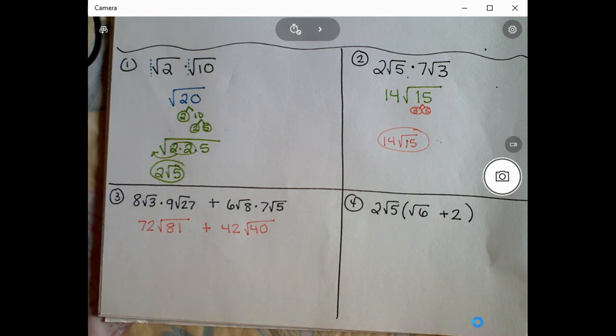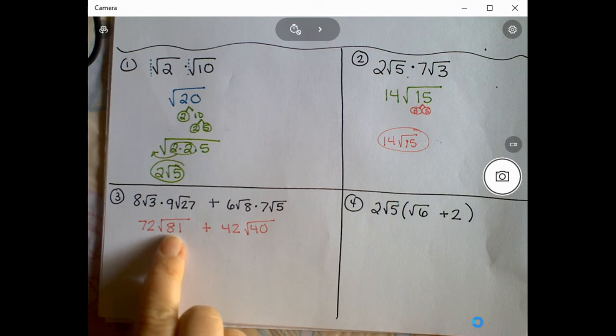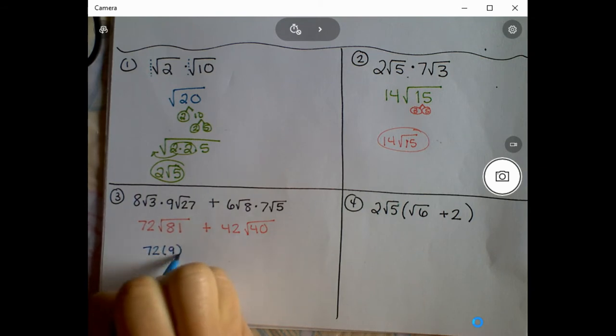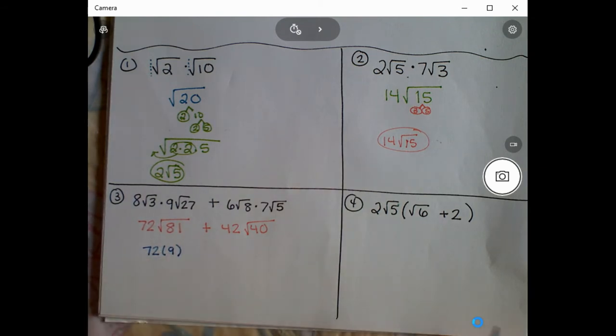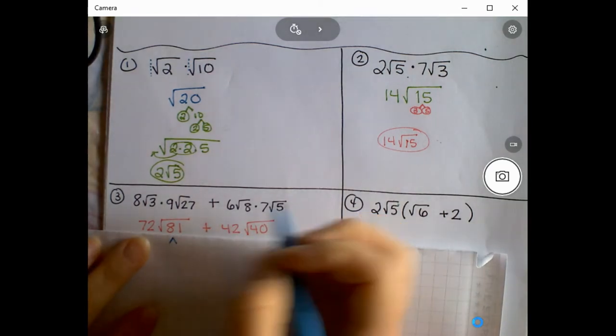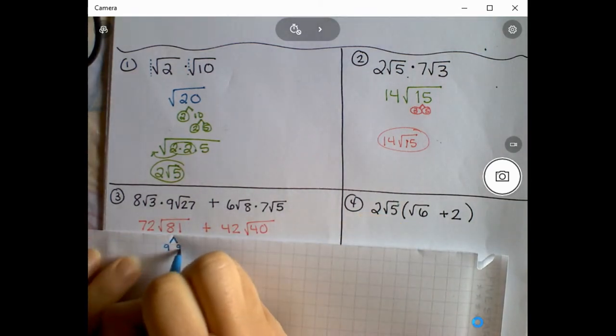Now for me, when I look at this, I immediately recognize that 81 is a perfect square. So this is going to be 72 times 9. If that doesn't jump out at you, then you would have proceeded like this over here. You would have taken your 81 and made a factor tree. 81 is 9 times 9.